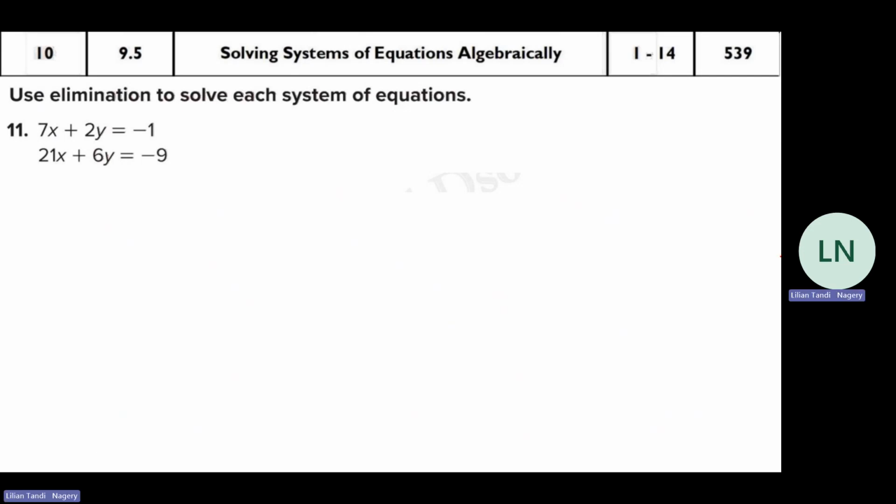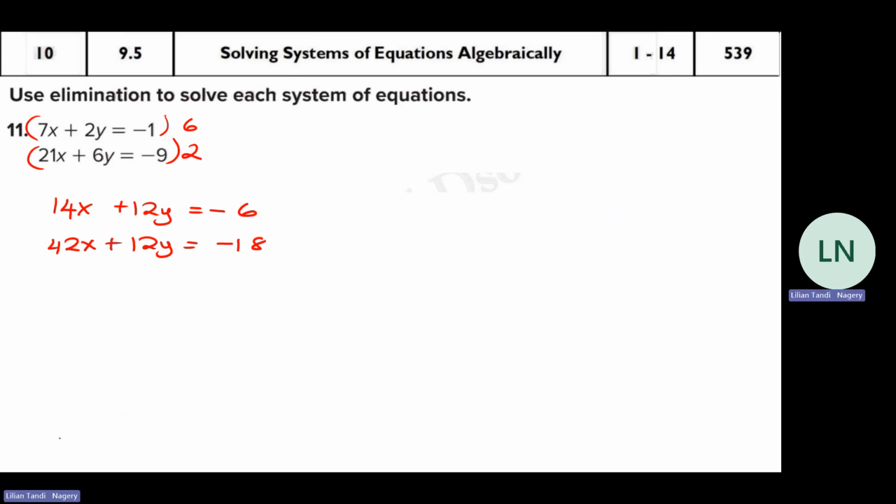I'm going to eliminate y because it has the smallest coefficients. So I will eliminate y. I will multiply here by 6 and I will multiply here by 2. So this is 14x plus 12y equals to negative 6. 42x plus 12y equals to negative 18.